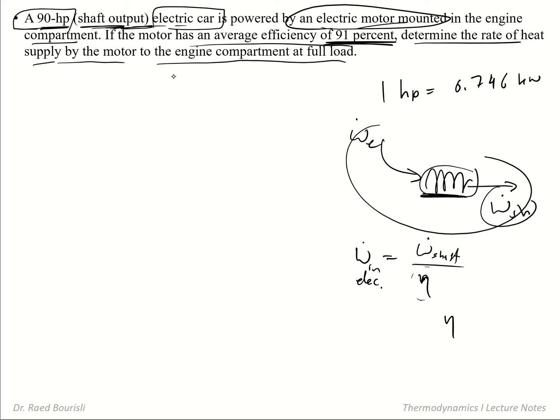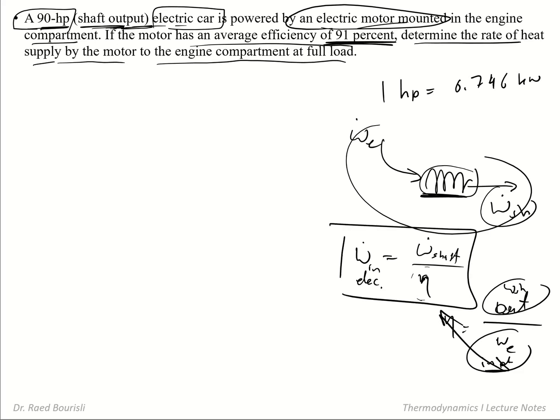Like we said, efficiency is desired output over the required input, which is the input. So this is the shaft, so switch these and I'll get this. So 90 horsepower, the electric input is 90 divided by 0.91.